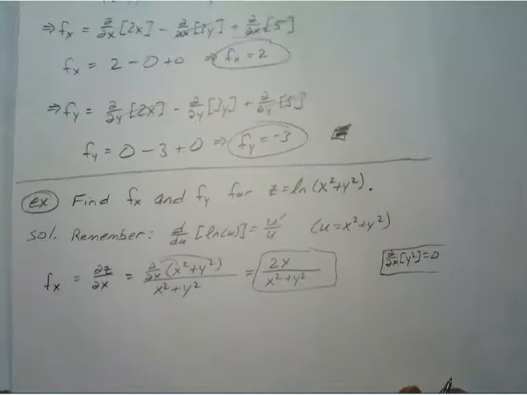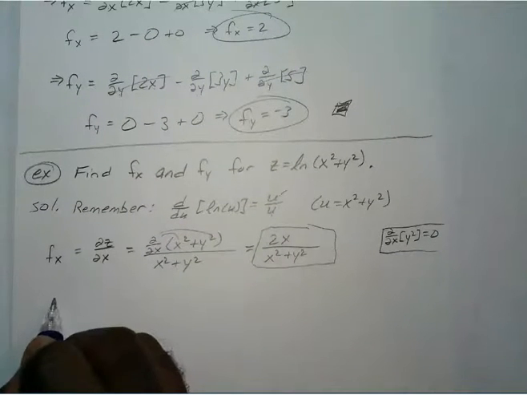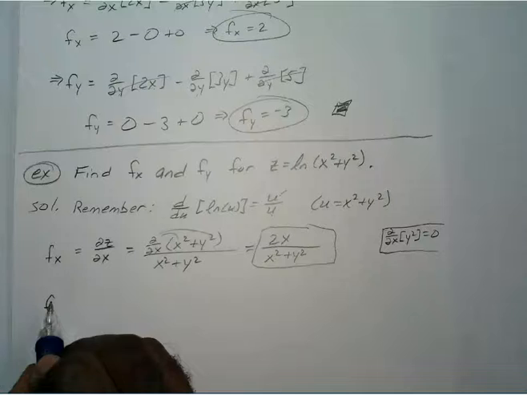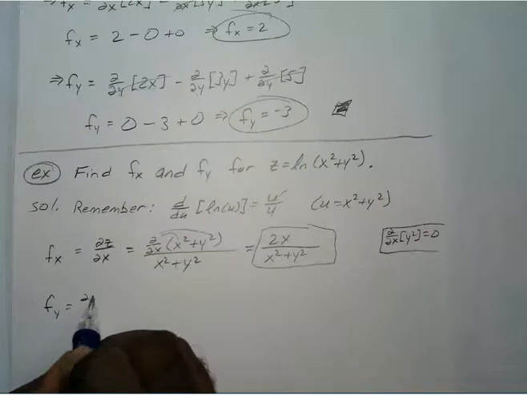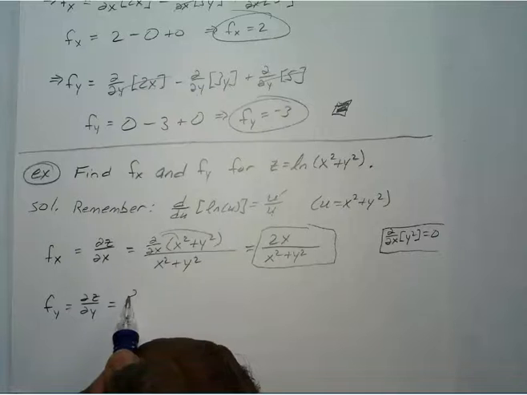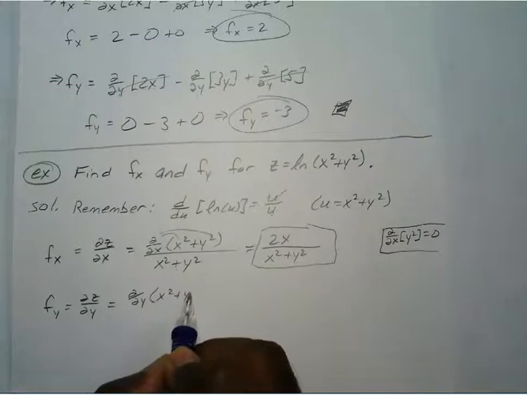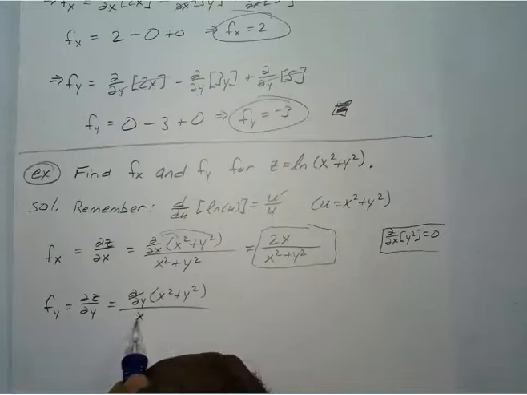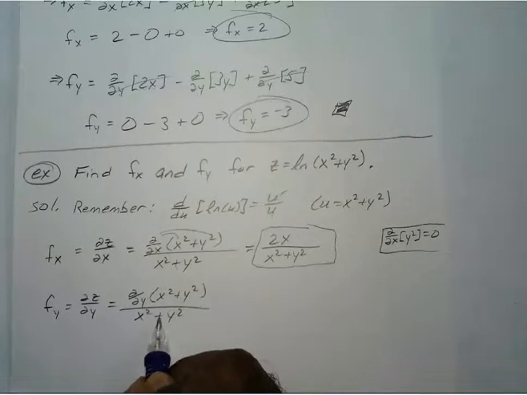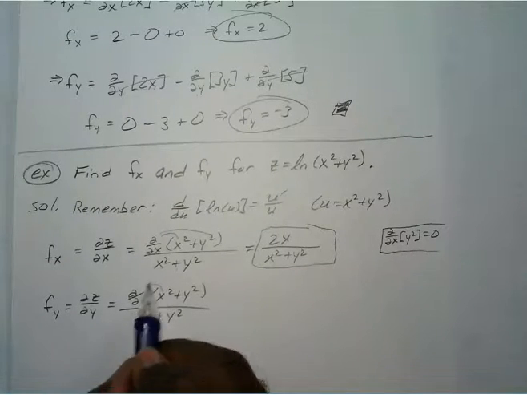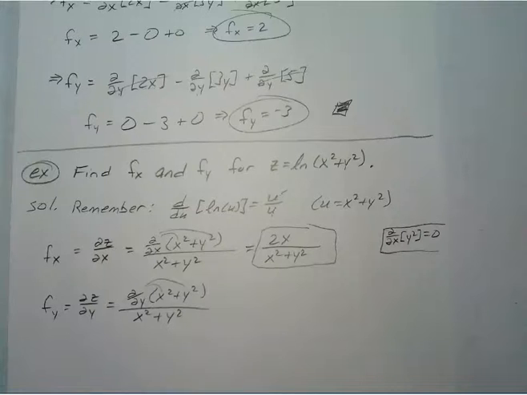Alright, so now our partial with respect to y, or partial z with respect to y, is equal to the partial with respect to y of x squared plus y squared, all over your x squared plus y squared. And again, we're going to find the partial derivative of both terms.